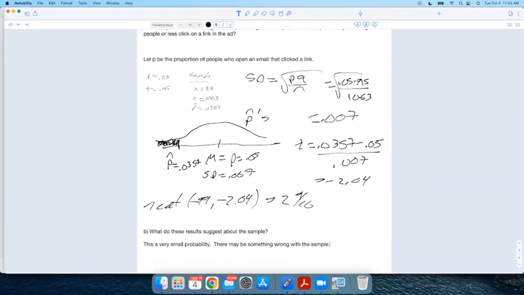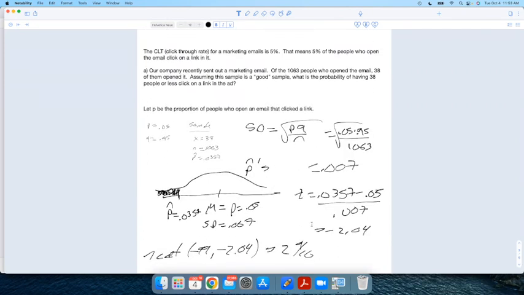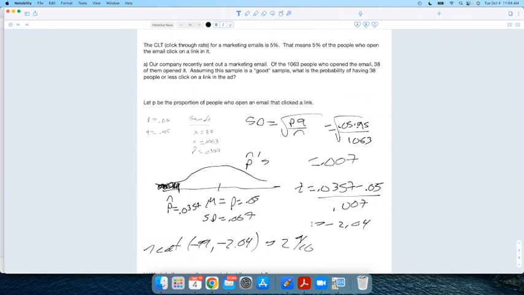So I keep saying, don't stress about checking the conditions of the central limit theorem, because you don't know if you've got a good sample a lot of times until you do the math, and then you look at your probability and you're like, oh, okay, maybe I didn't have a good sample. So you got to do the math first to get a hint at that. And this tells me that there's probably something wrong with my sample.